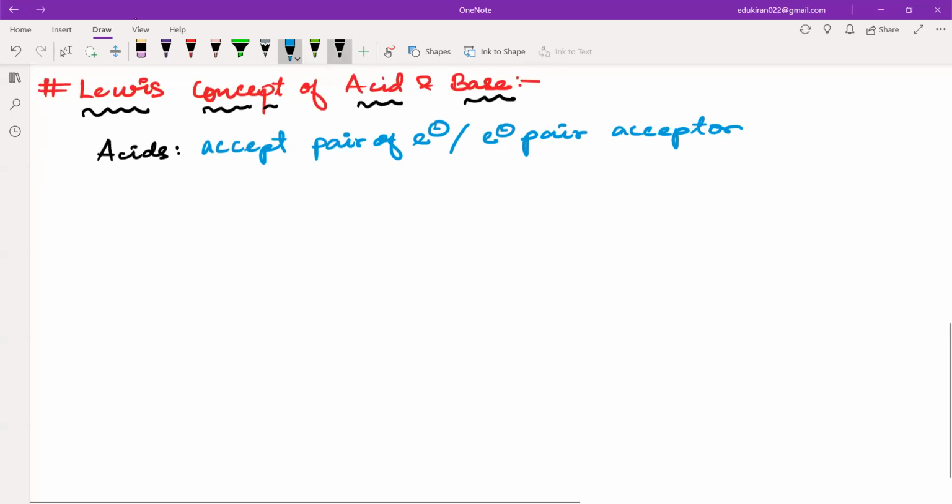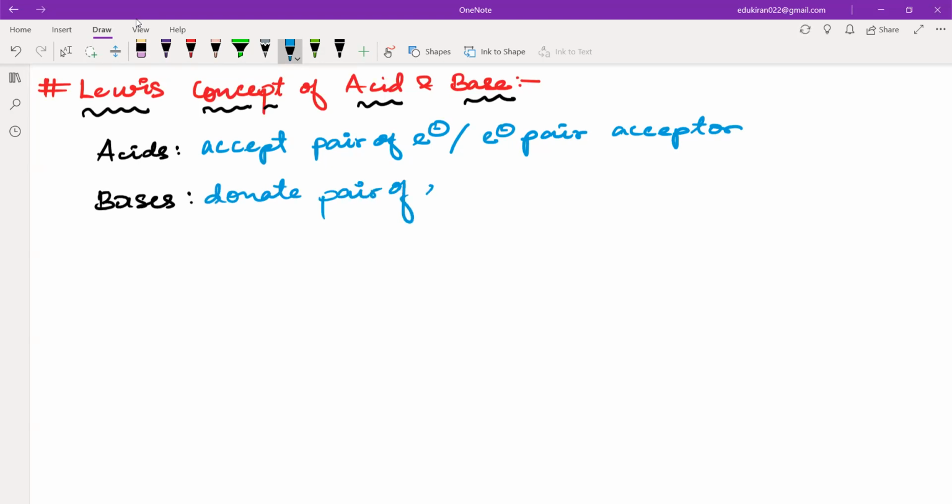Then what are bases? Bases are opposite. They are electron pair donors. What will they do? They will donate a pair of electrons. That means these are electron pair donors.